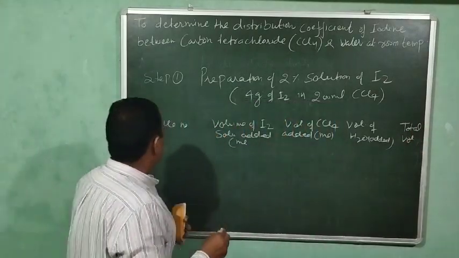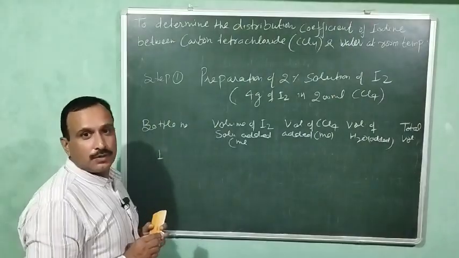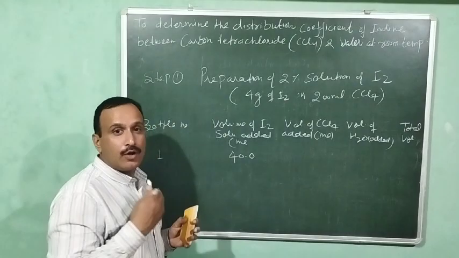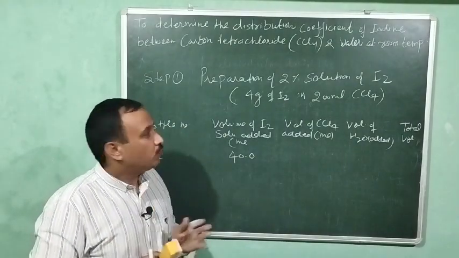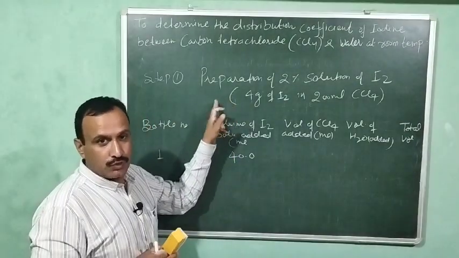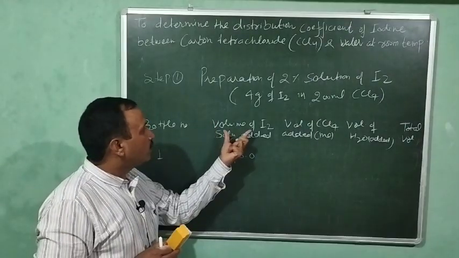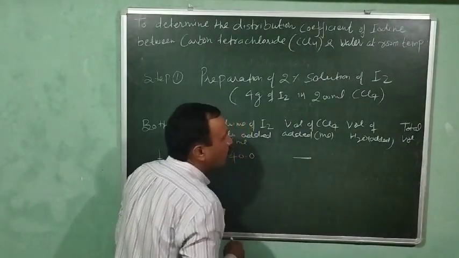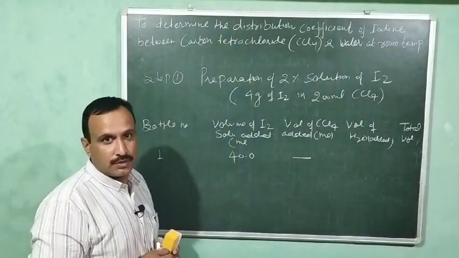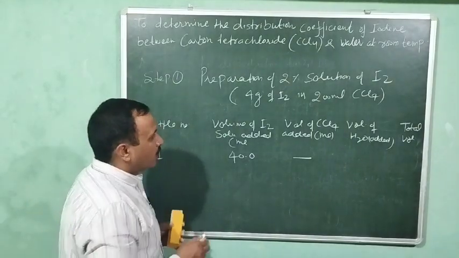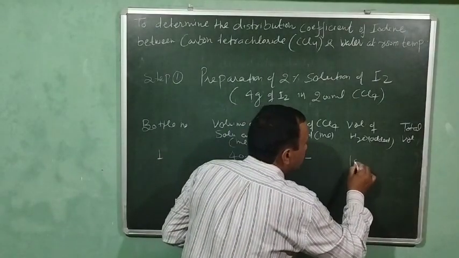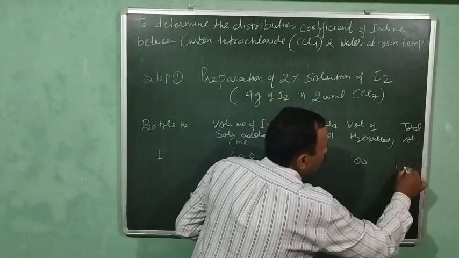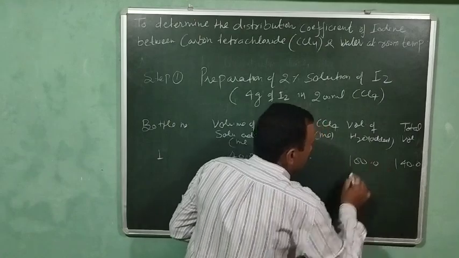So in the first reagent bottle we will take 40 ml of the iodine solution which we have prepared in the first step, and in this bottle we will not add CCl4, and we will add 100 ml of distilled water, and the total volume will be equal to 140 ml.